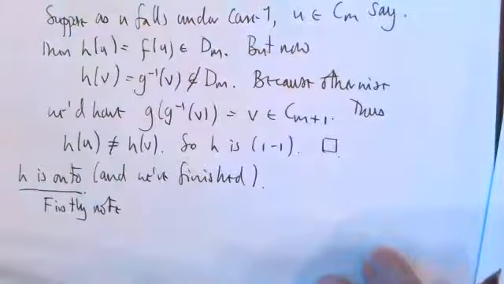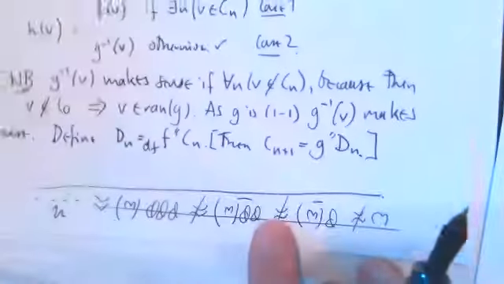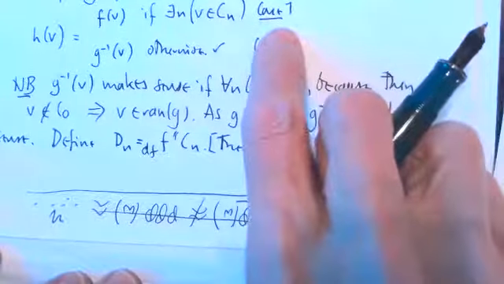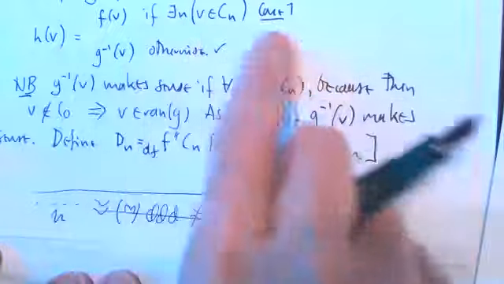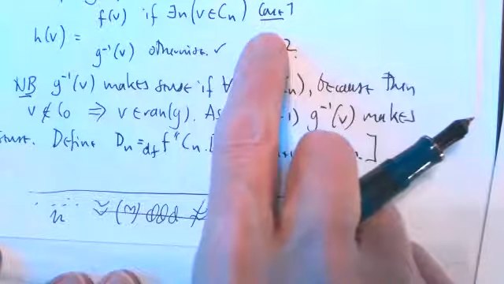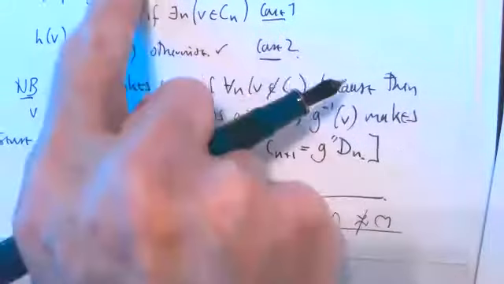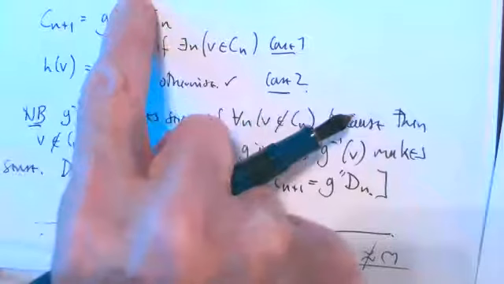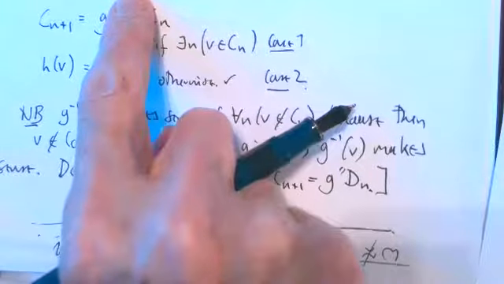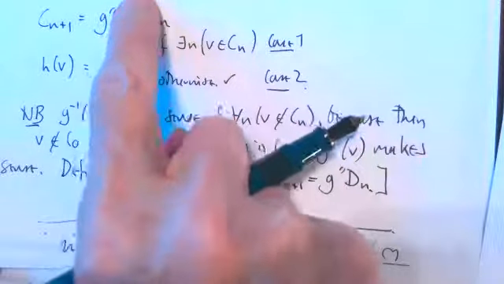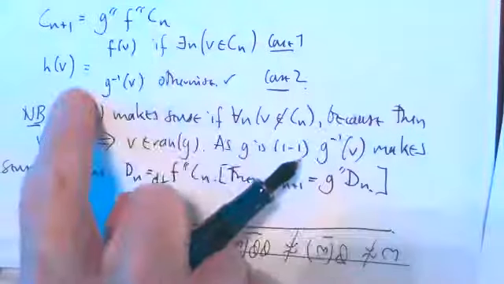By our case 1 here, if I look at any h of e, if it falls under case 1, all the D's are the ranges of f on a C. So everything that's in a D is in the range of h.